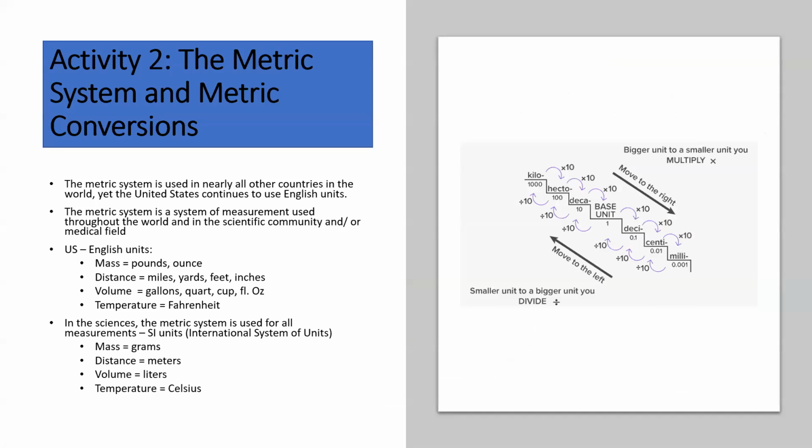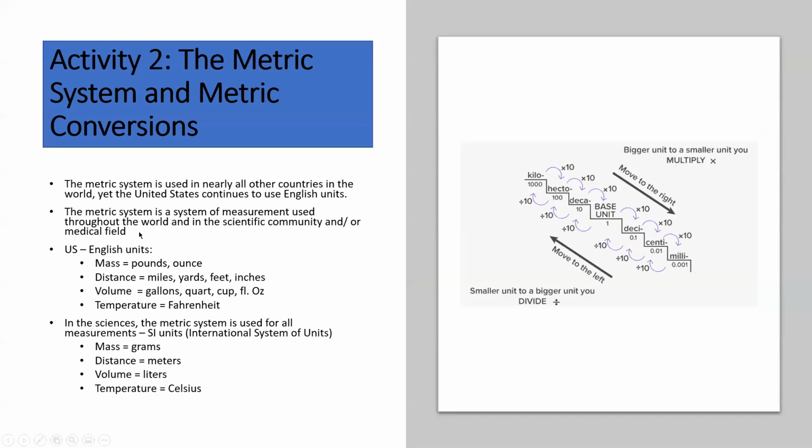Okay, so the metric system and metric conversions. The metric system is used in nearly all other countries in the world, yet the US continues to use English units. The metric system is a system of measurement used throughout the world and in the scientific and medical fields.